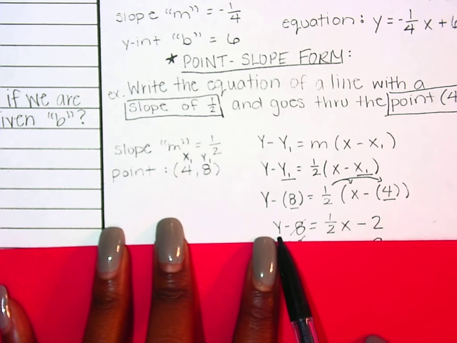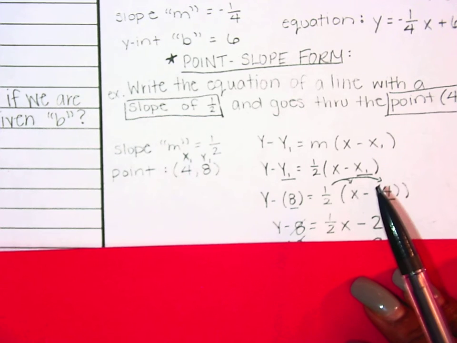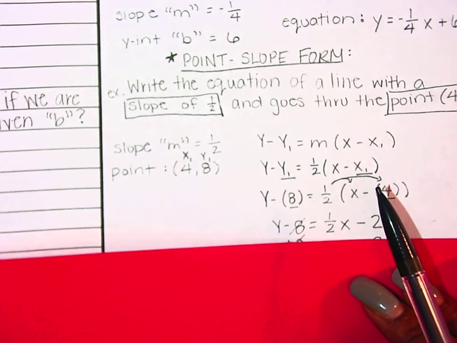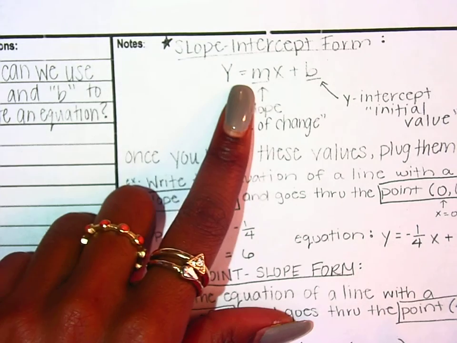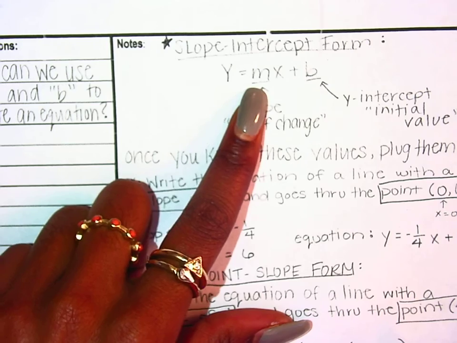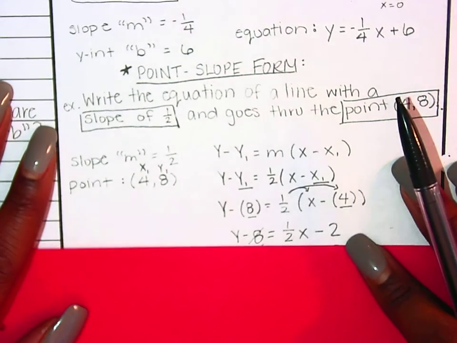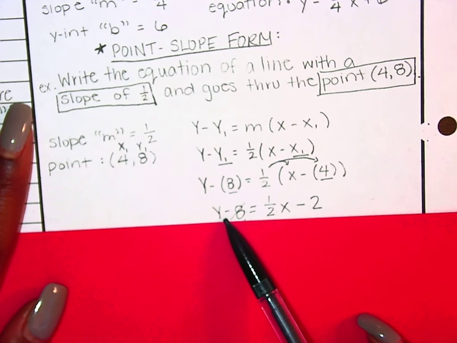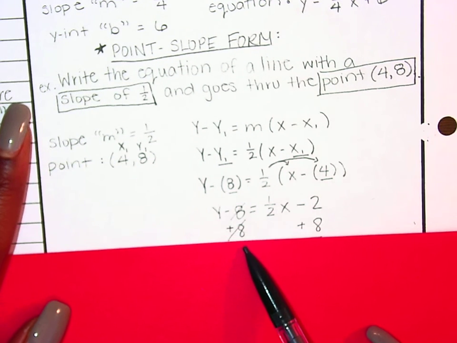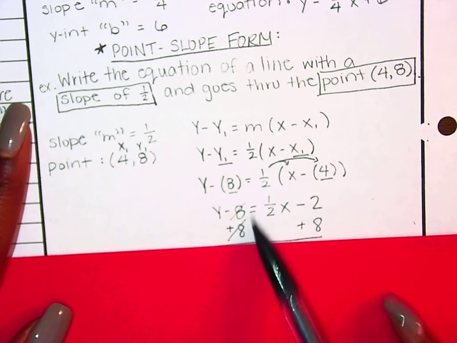Now to get y by itself, which is what we're ultimately trying to do, because remember, on our slope-intercept form equation, we have y equals. So y is all by itself, and that's what we want to get this equation to look like. So to get y by itself, I'm going to add 8 on both sides. To get rid of the minus 8, I'm going to do plus 8.